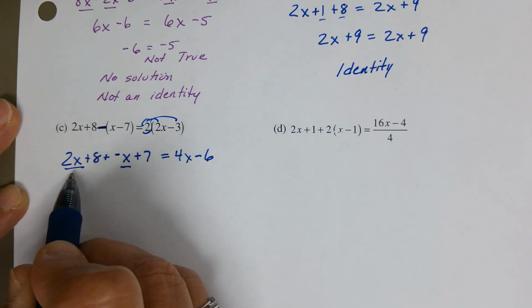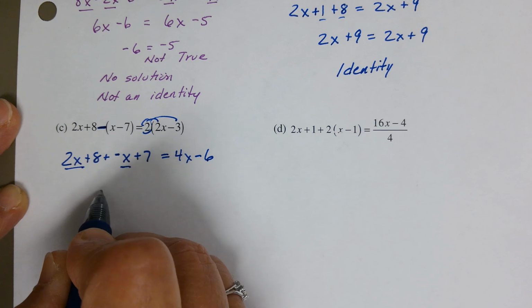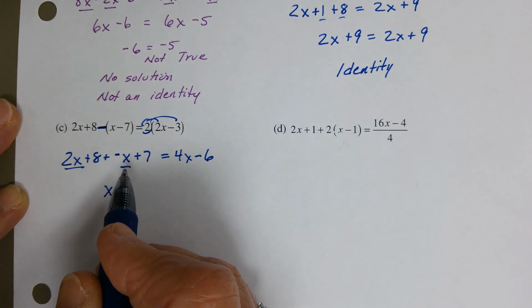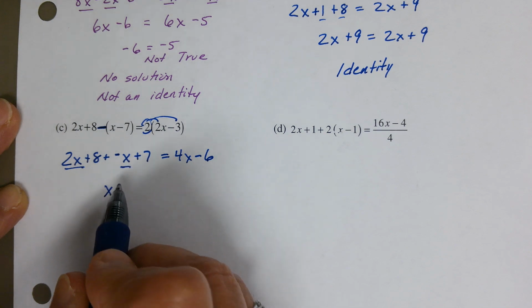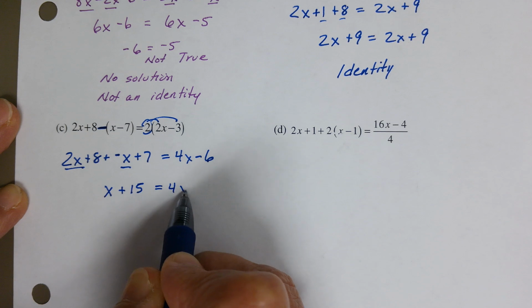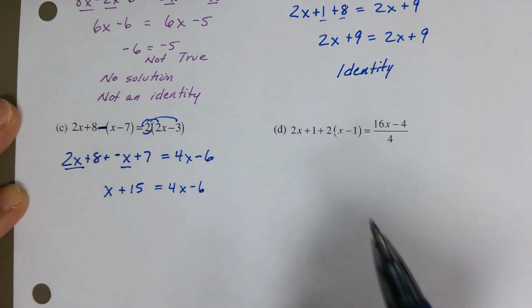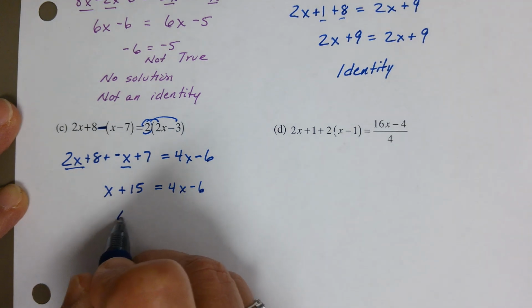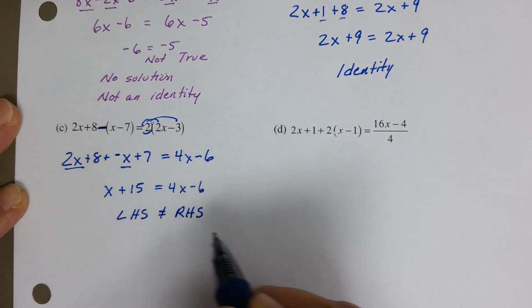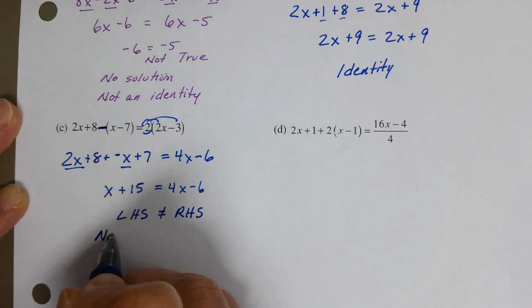Combine like terms, 2x plus a negative 1x is 1x, and 8 plus 7 is 15. The left-hand side does not equal the right-hand side, so this is not an identity.